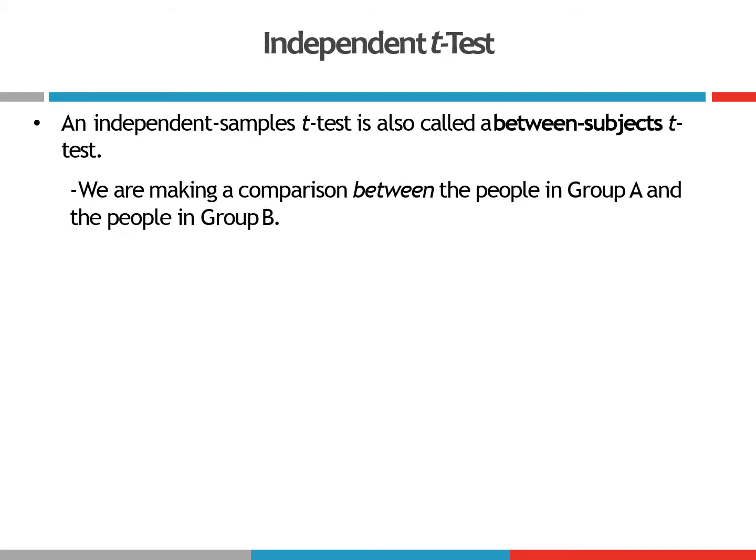Because we're comparing two different groups of people on the same outcome variable, the independent t-test is sometimes called a between subjects t-test, because we're making comparisons between the people in group A and the people in group B, or between two different subsets of people in our sample.